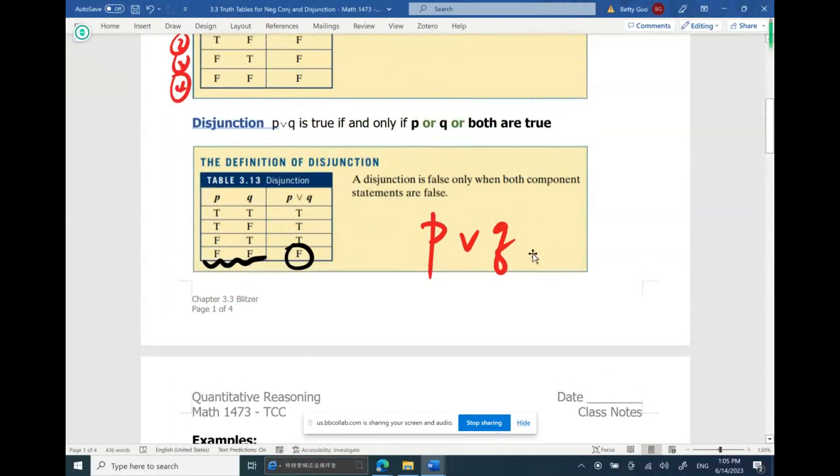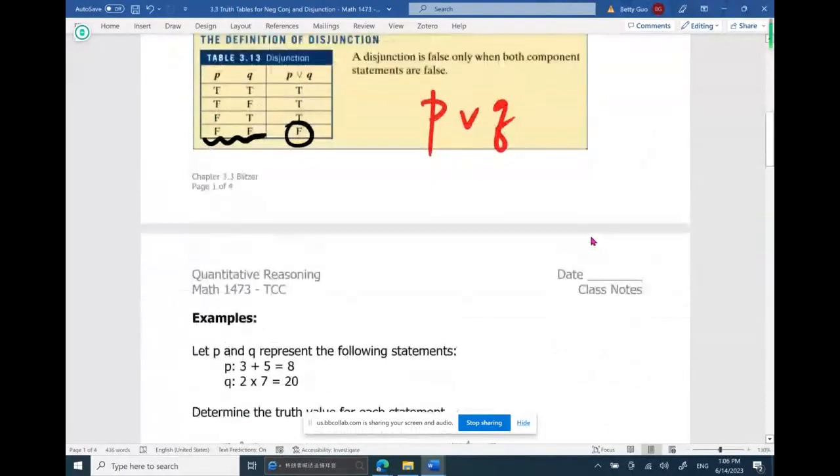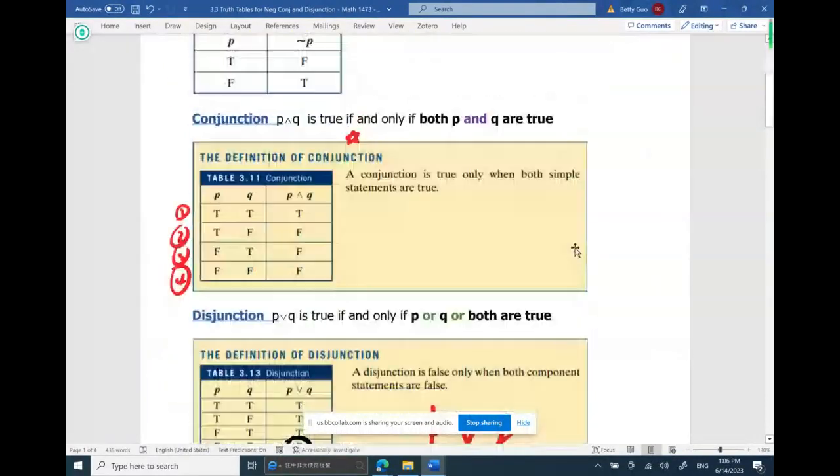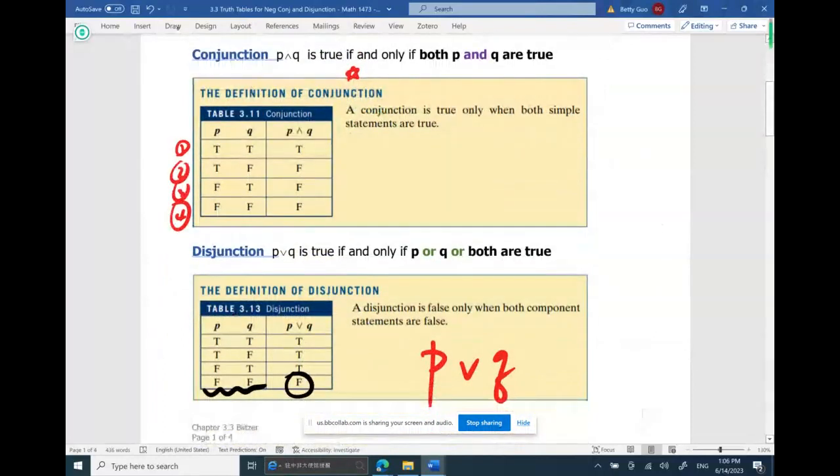For a disjunction to be false, both component statements must be false. In the truth table, there's only one case in which the disjunction is false, that is when both components are false. And you should also understand that for a disjunction to be true, at least one component being true is sufficient. Okay, so those are the three basic truth tables.